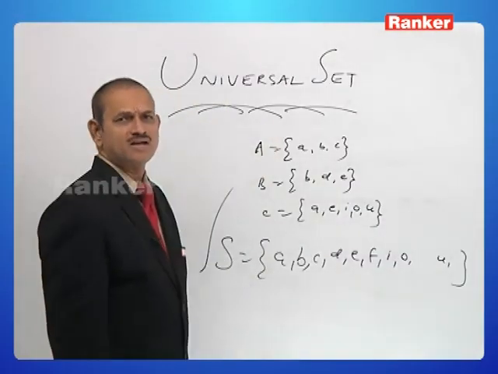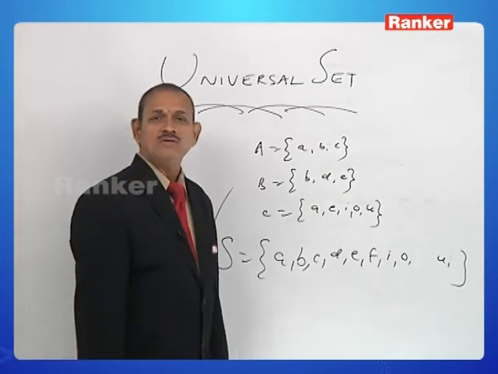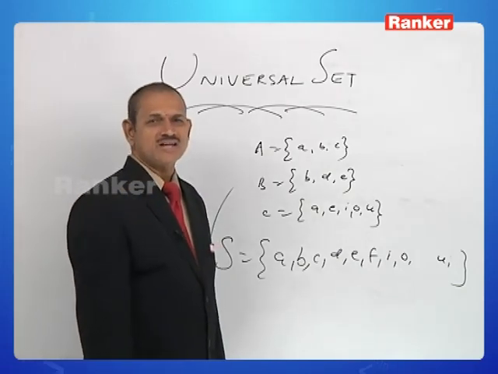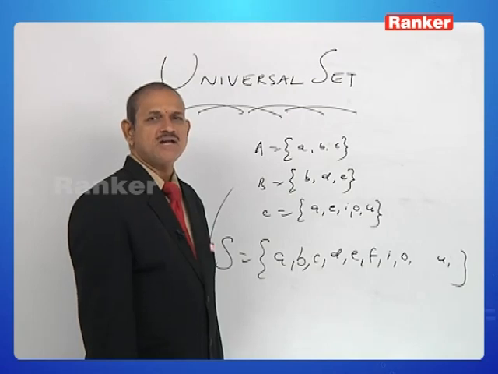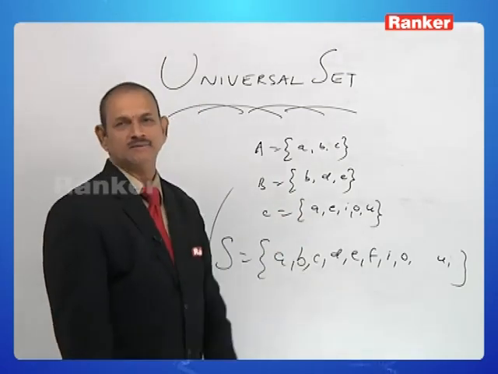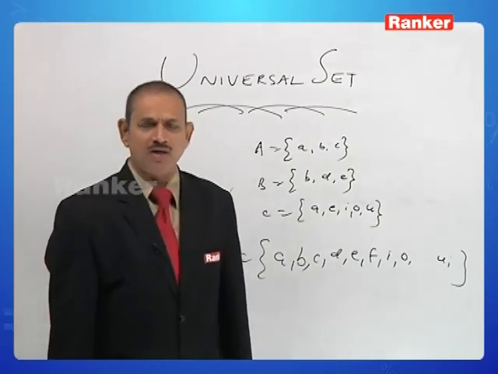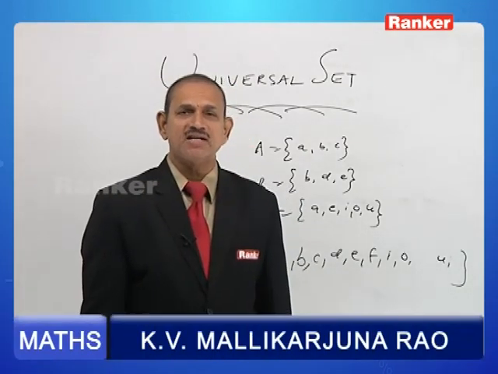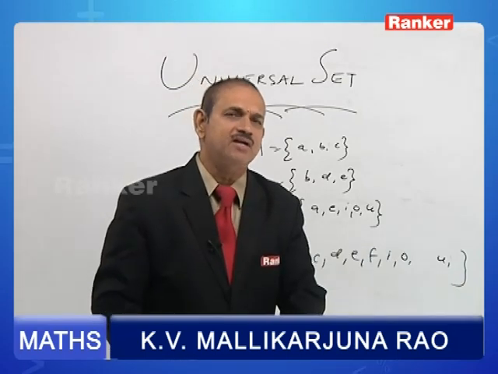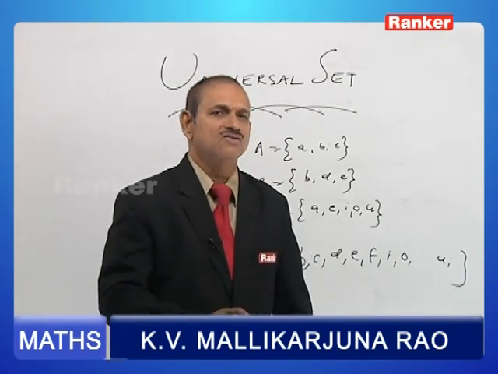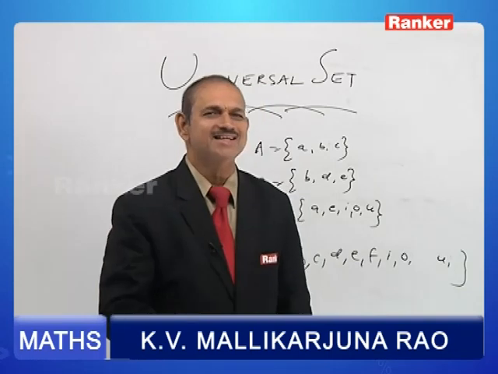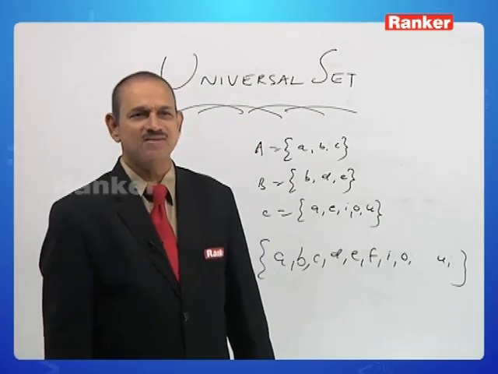Yes, it is again a universal set. So, a universal set is not unique. And it depends on the way in which we define. That is why in the definition itself, it will be told a superset of all these sets under consideration is called a universal set.